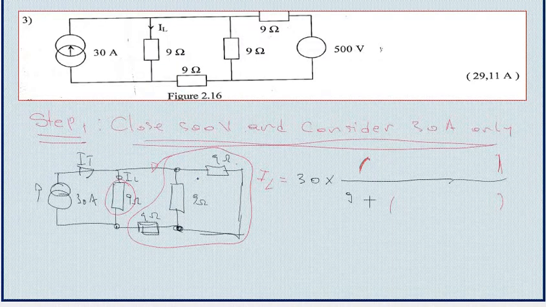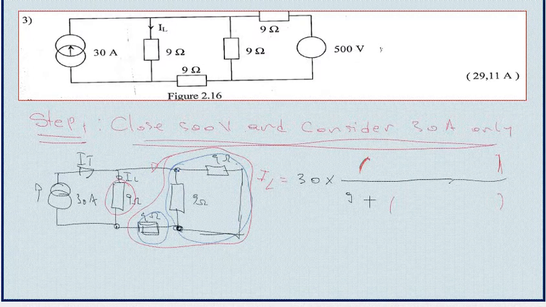Inside this block we have these two resistors that are in parallel, so we have the first block and the second block, because the current is coming from this side.